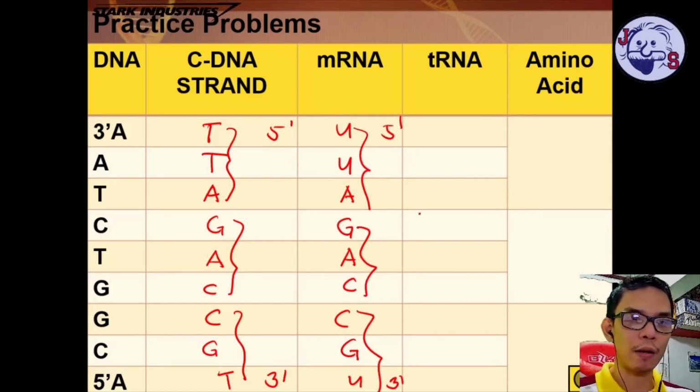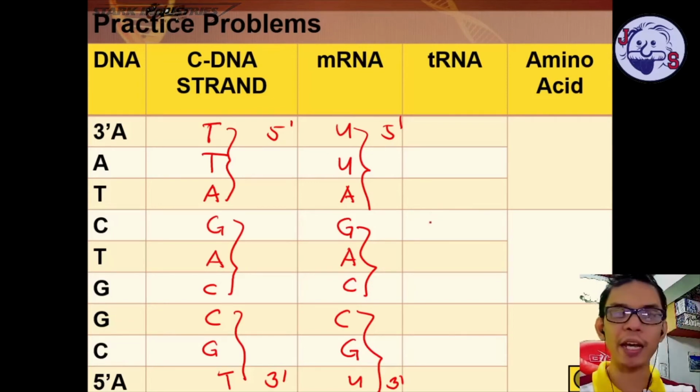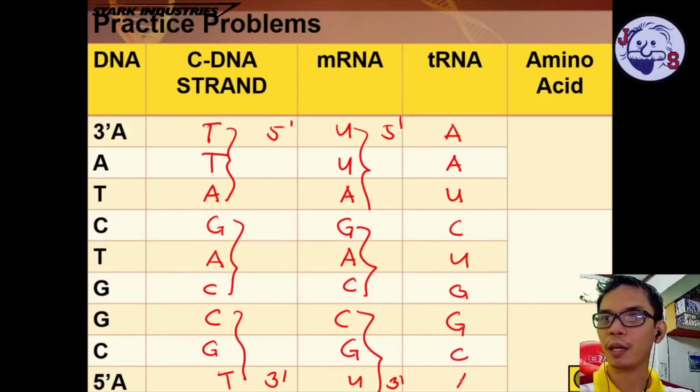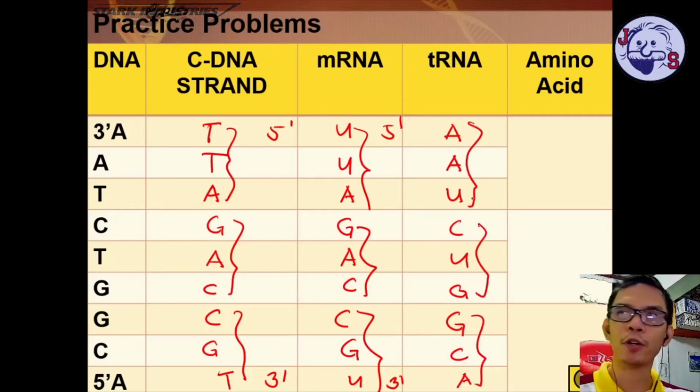Again, tRNA is an anticodon of mRNA. So let's write this one up. U, then we have CUG and we have GCA. Alright, so brackets for codons.